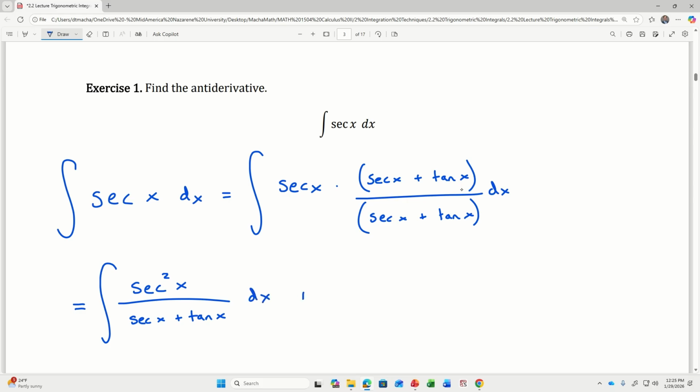And then separately, we'll think about what it would look like to take the antiderivative of secant x tangent x divided by secant x plus tangent x.